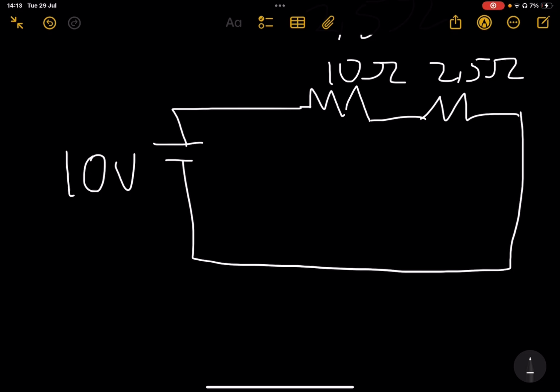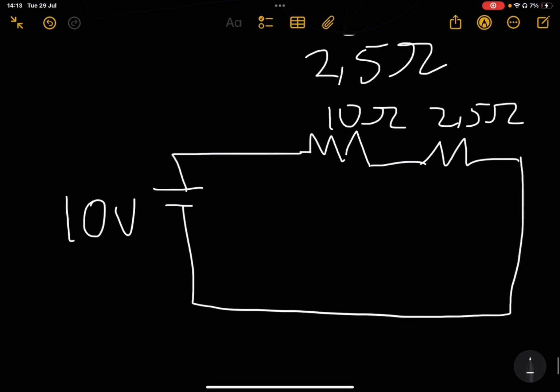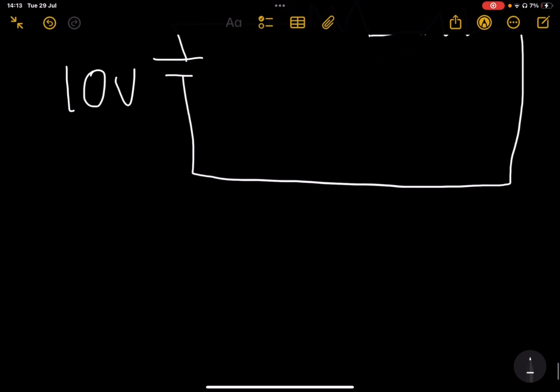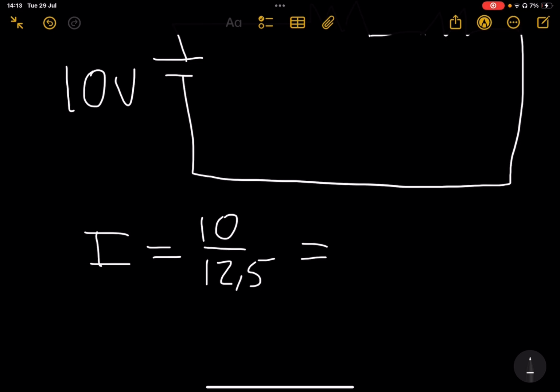This is why I said we're going to start with simplifying basic resistances. So your circuit now will see a 10 and a 2.5 ohm resistor. The total current draw will be, let's go back to Ohm's law, I equals V over R, which is 10 over 12.5, which essentially will be 0.8 amps.